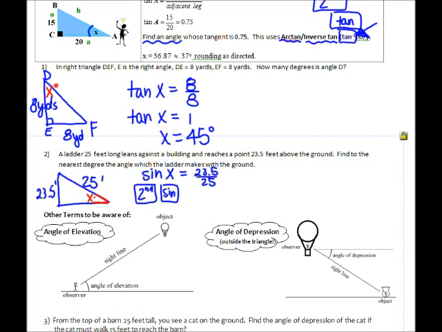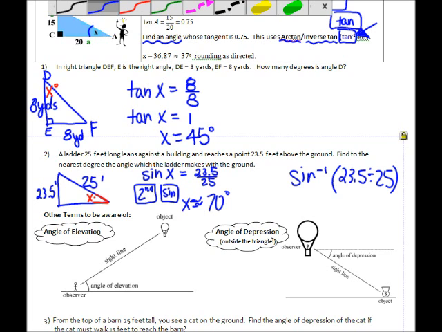And it should give you the angle whose sine is, and then it's going to give you parentheses. It should say on your calculator sine -1 parentheses, I think. And then you'll put in the 23.5 divided by 25, that's a division symbol, and it should give you a measure of approximately 70 degrees. Make sense? Okay.